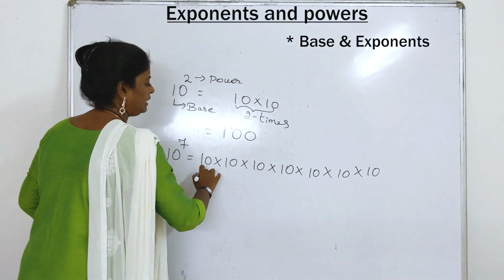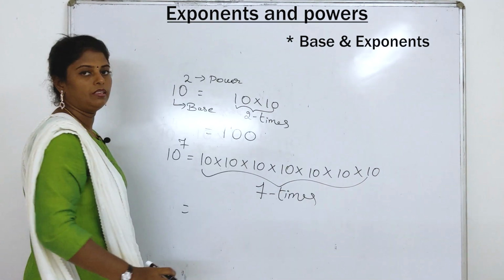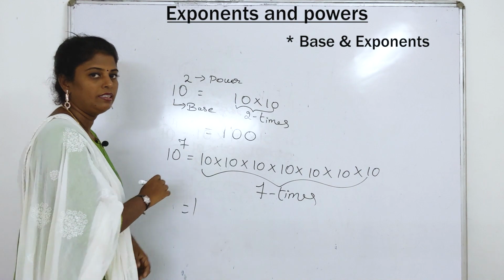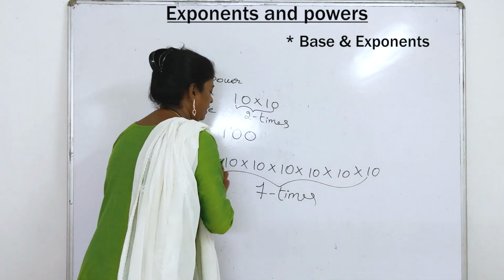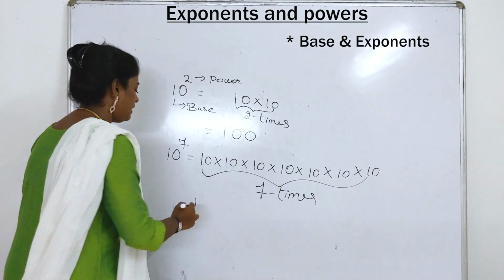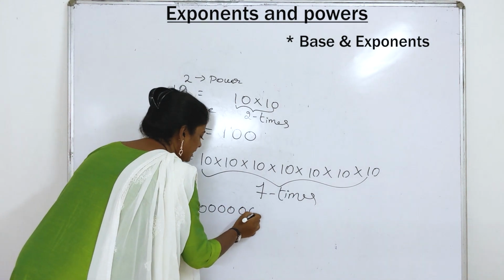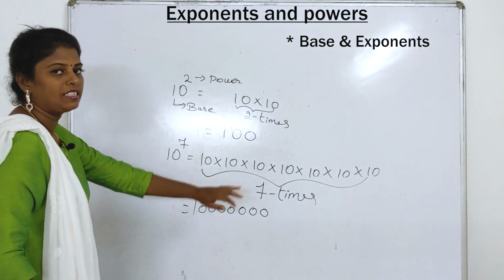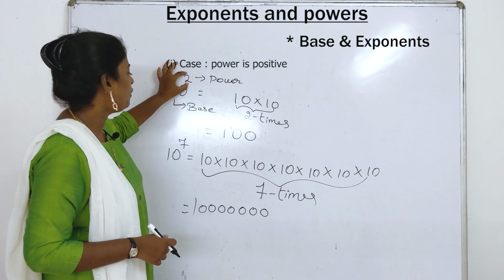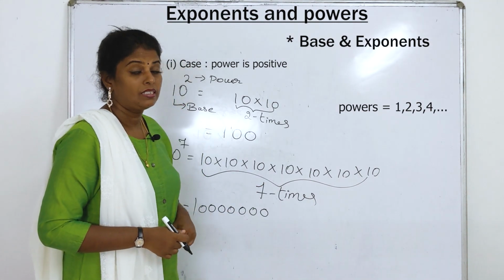And this value is equal to, just write 1, and how many zeros are here? 1, 2, 3, 4, 5, 6, 7. 7 zeros are here. In this case, the power of the exponential form is positive.